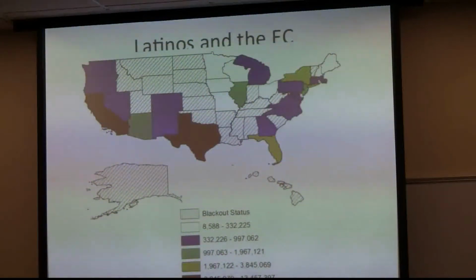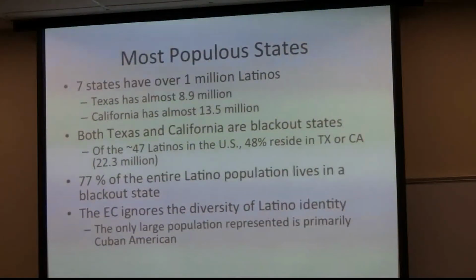So for Latinos, we see a very similar effect. Actually, Latinos tend to live in places that are even worse off. Looking at this slide, there are 7 states with over 1 million Latinos. Texas and California clearly have very, very large Hispanic populations with almost 9 million and 13.5 million.